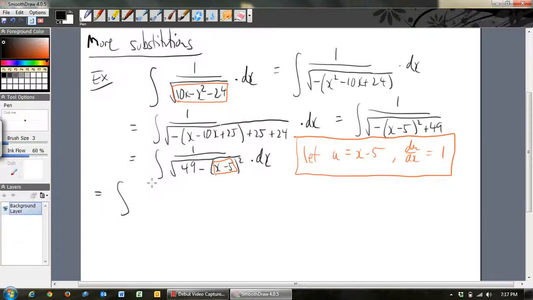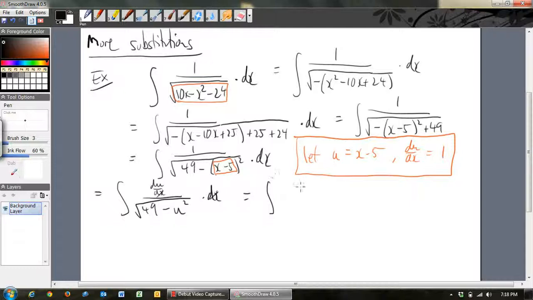So this is the integral of 1, which is du dx, over the square root of 49 minus u squared, dx. Let me rewrite that.